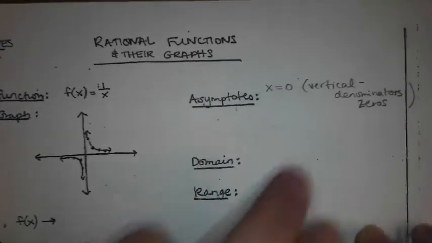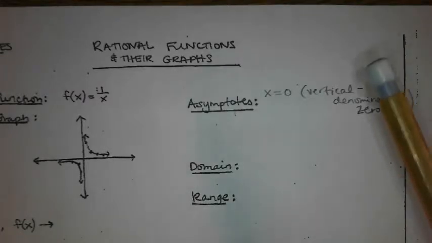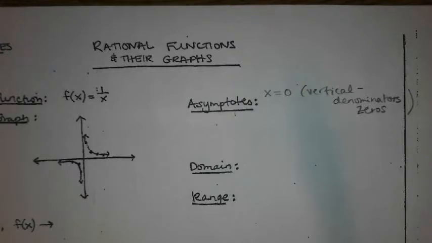So we could write a rational function, and we'll see some today, that has multiple zeros in the denominator, and therefore will have multiple vertical asymptotes. But for the parent graph, we just have the one.